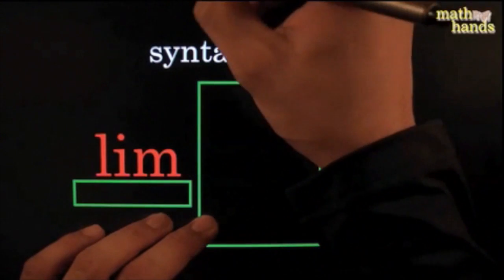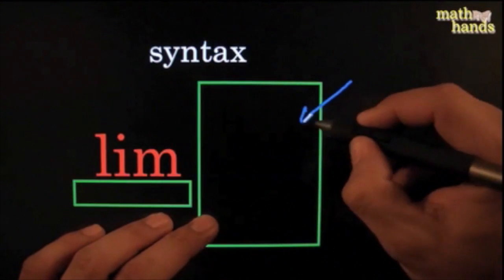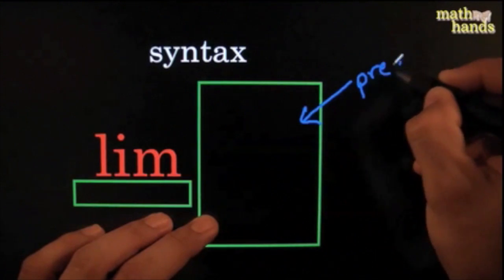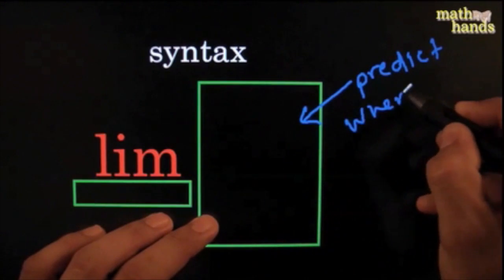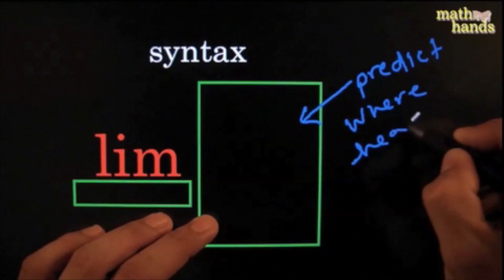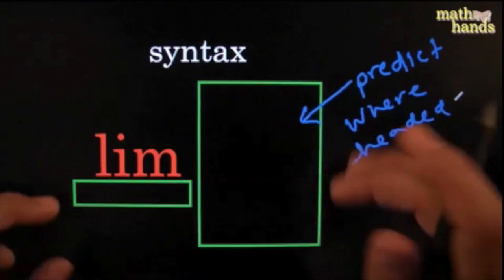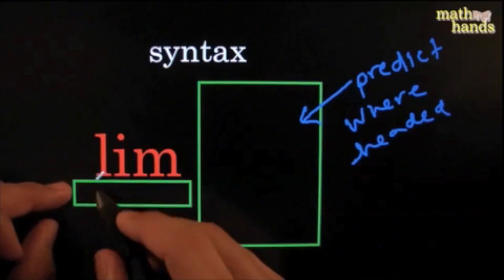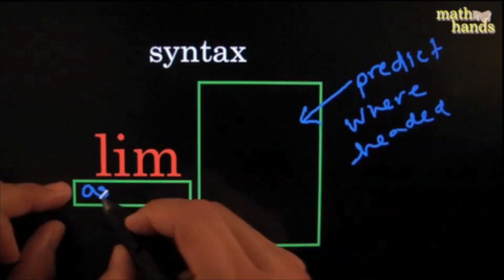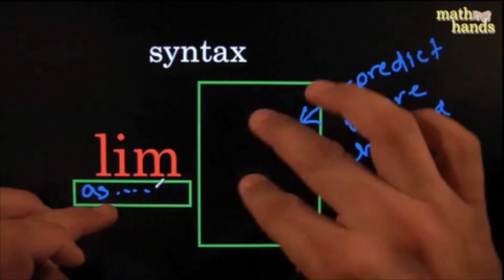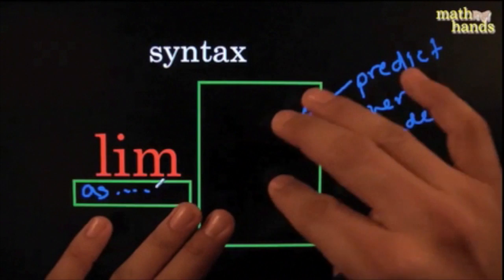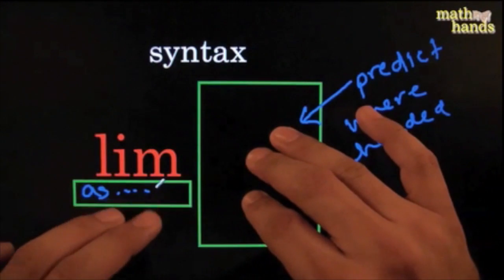We're going to be trying to predict where whatever's in here is headed. This might change as something else changes here. As this change occurs, this will change, and we're trying to predict exactly what's going to happen here as this thing changes.